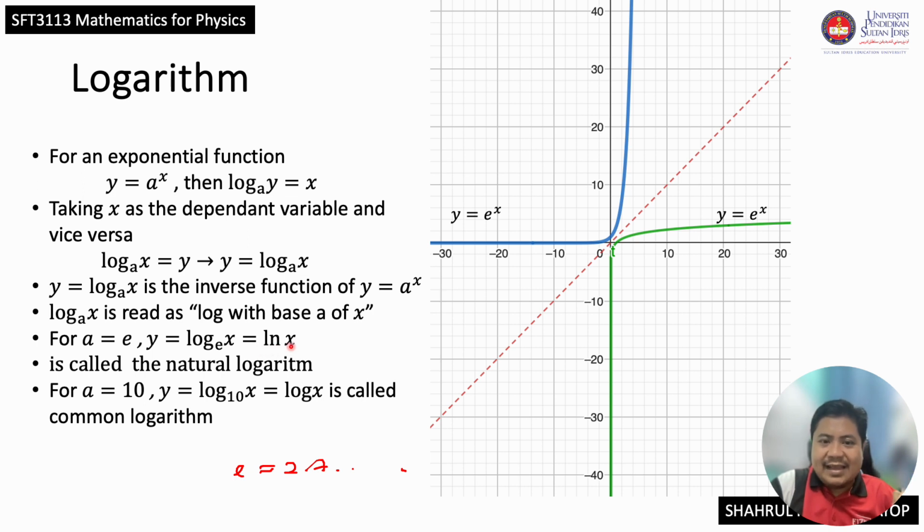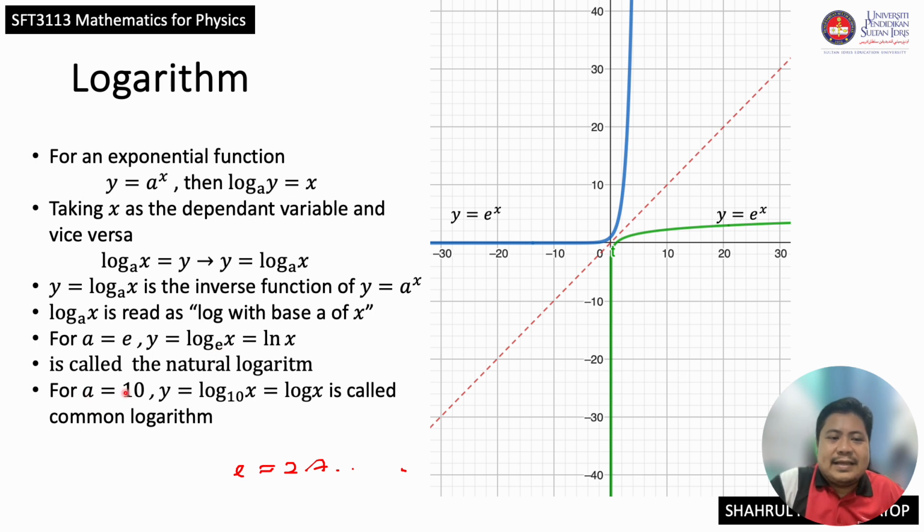So ln x is called the natural logarithm. L is for logarithm and n is for natural. So we can write this if the base is e.